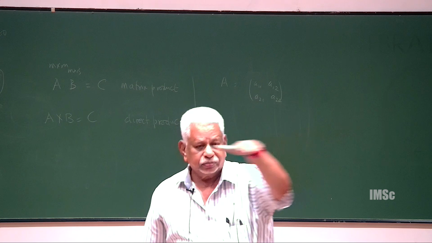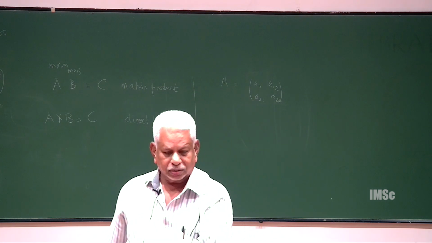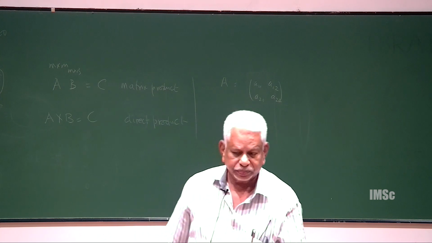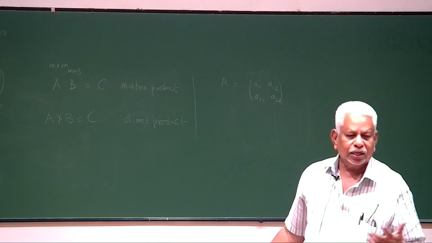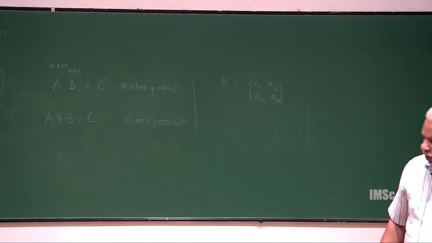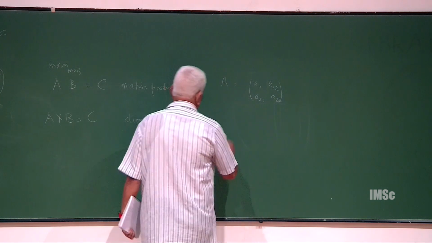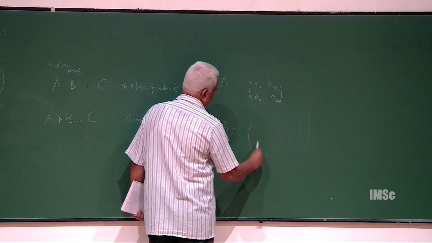If the rows and columns do not match exactly, you cannot multiply. That is the rule, but generally we multiply square matrices of the same size, there is no problem. But here I am going to multiply A cross B, where B is a 3 by 3 matrix.